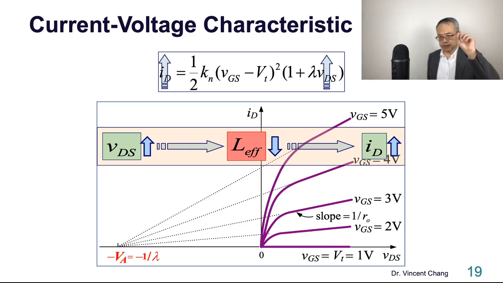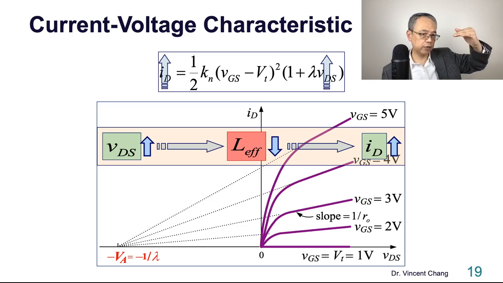But think about this. If lambda is small, which means what? Which means the device doesn't exhibit a very strong or conspicuous channel length modulation effect. So if lambda is small, then VDS increases a little bit or more, and ID increases only a little bit.